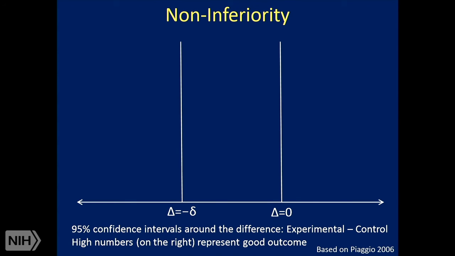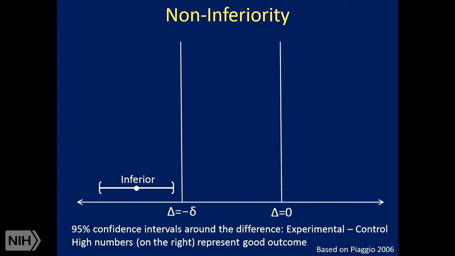So now I've added a new thing. Not only do I have 0, but I have the non-inferiority margin, which is minus delta. Same thing. High numbers on the right are good. So if my confidence interval for the difference is on this side of 0, I basically have a superior. The experimental is superior to control.